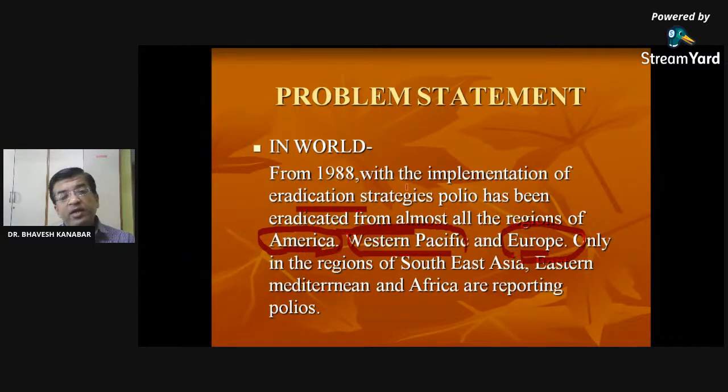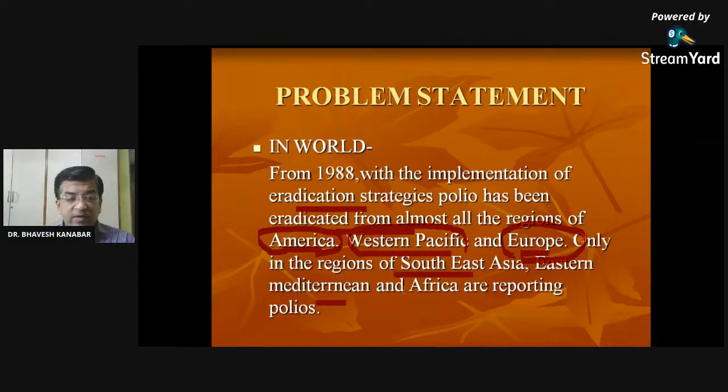Polio has been eradicated from almost all parts of the world except two or three countries, Pakistan, Afghanistan, and Nigeria. Only in the regions of Southeast Asia, Eastern Mediterranean, and Africa were cases reported, and now mostly from Pakistan and Afghanistan. Very few cases are there in Pakistan and Afghanistan.